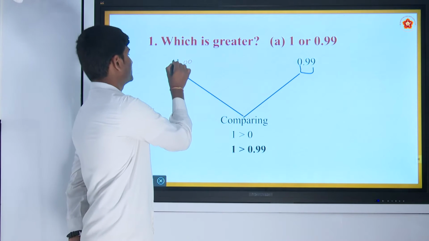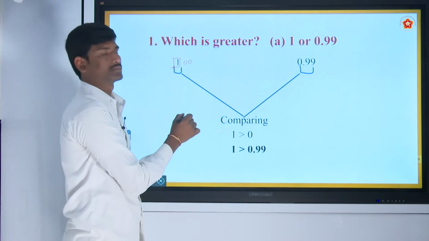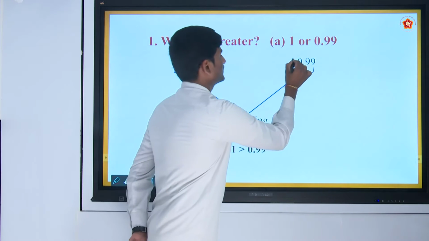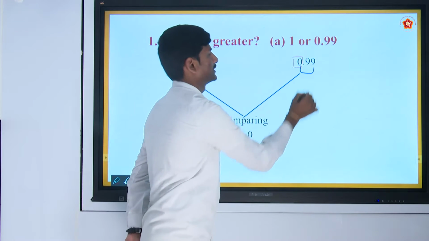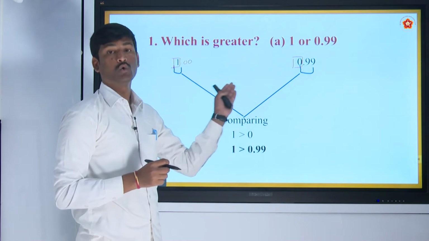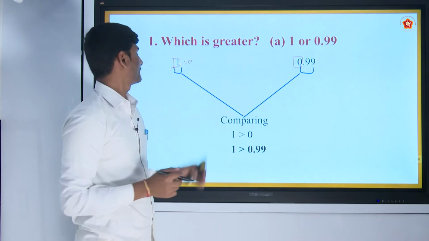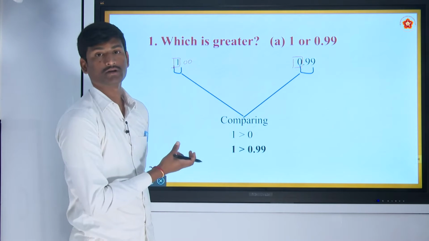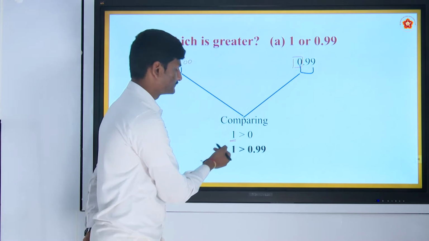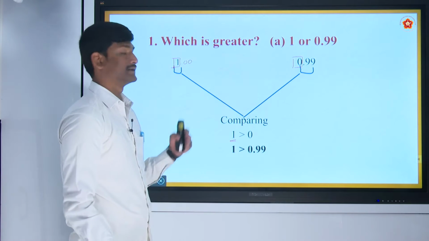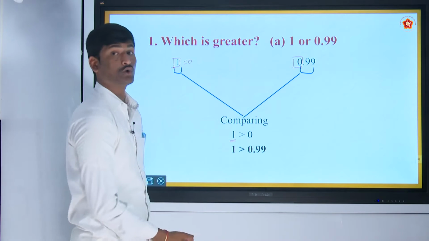Here the whole number is 1, and for 0.99 the whole number is 0, with 0.99 as the fractional part. Comparing 1 and 0, which is greater? 1 is greater. Hence 1 is greater than 0.99.